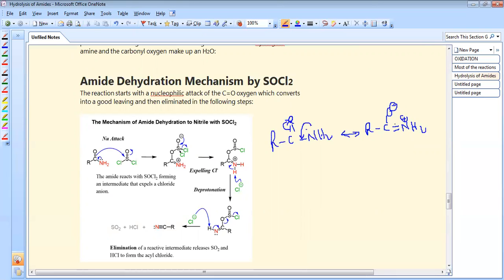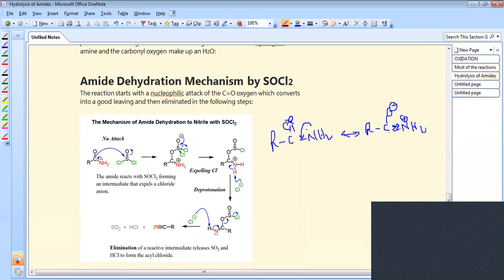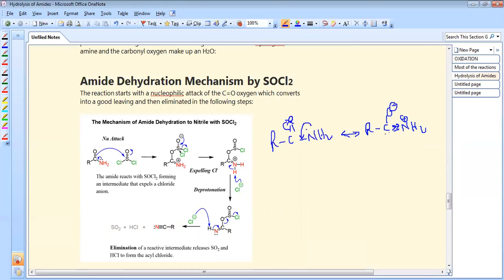Nitrogen is more electronegative than carbon, so these lone pair electrons partially migrate towards the nitrogen. Thereby the carbonyl carbon becomes electron deficient, or else you can say an electrophile.